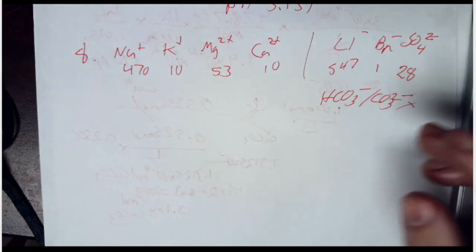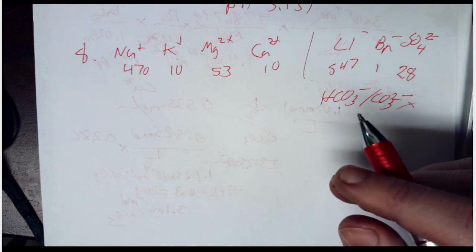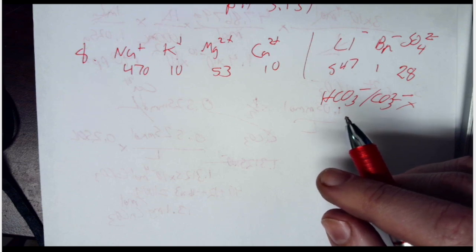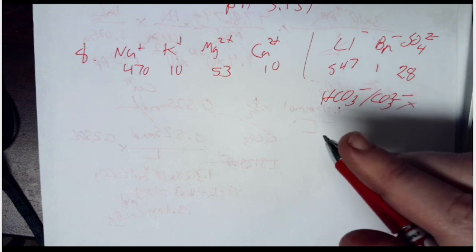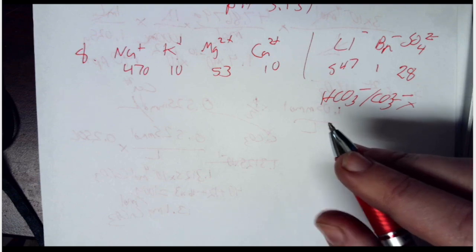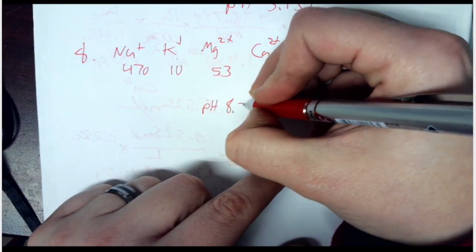Assuming the charges of these species balance, calculate the total concentration of the negative charges associated with these two carbonate species. With a pH of 8.2, calculate the concentration these individual species have. So pH of 8.2.